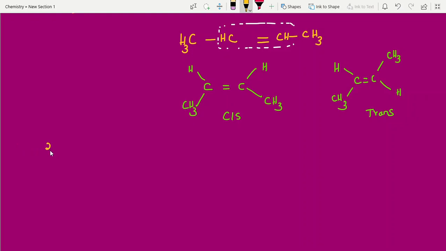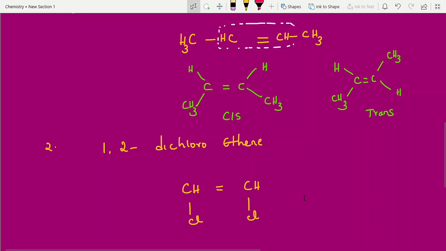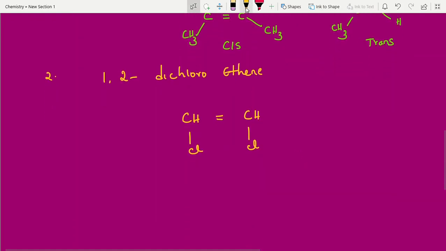1,2-dichloroethene, second example. Ethene means CH double bond CH. This is 1, this is 2, first carbon, second carbon. Now you can write cis and trans. So try this one.